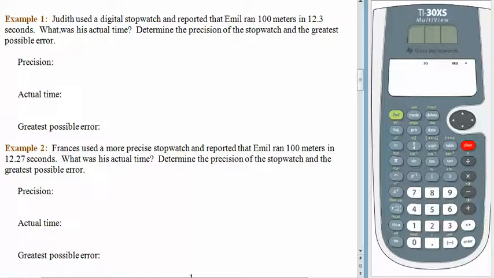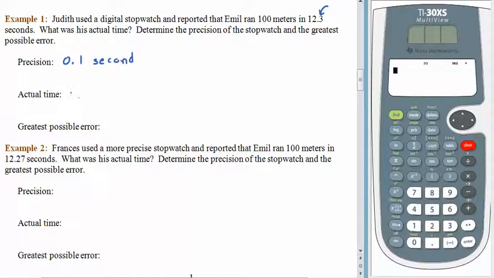What is this stopwatch doing? Well, right here is the far right digit in the tenths place. So the precision of this instrument is the nearest tenth of a second. That's the smallest difference that the stopwatch can register. What was Emil's actual time?